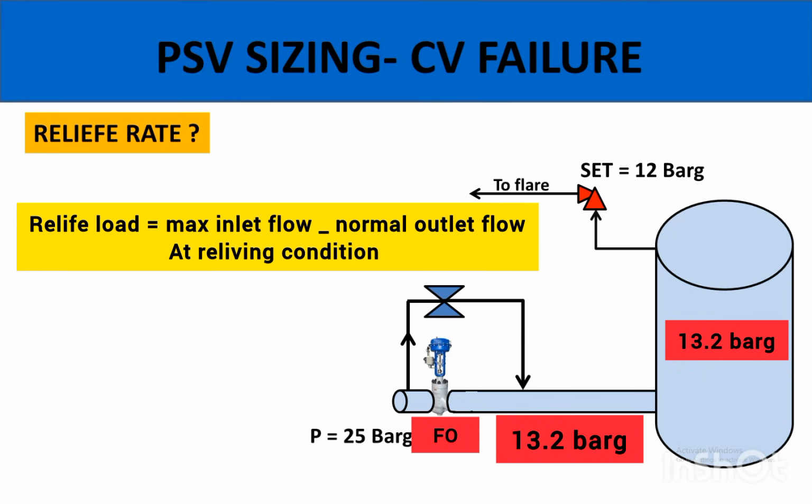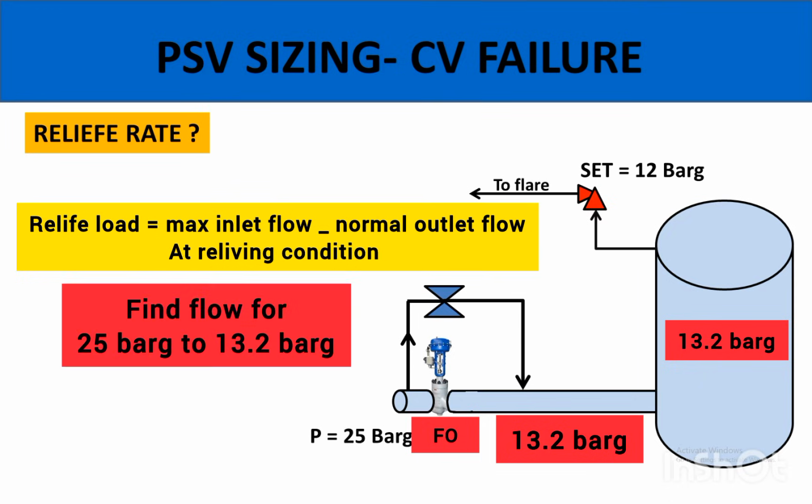And we should find the maximum flow that this valve can handle when its upstream pressure is 25 and its downstream is 13.2 bar gauge. That's the relieving condition.